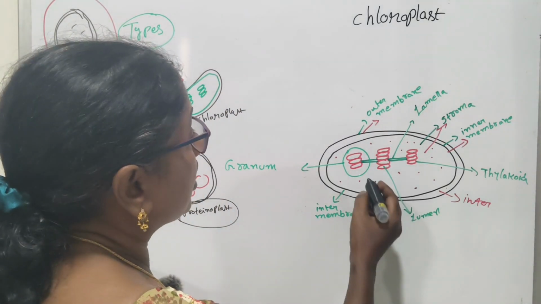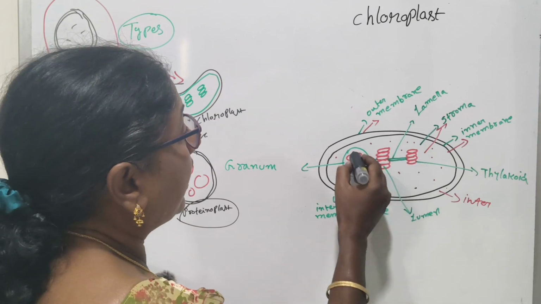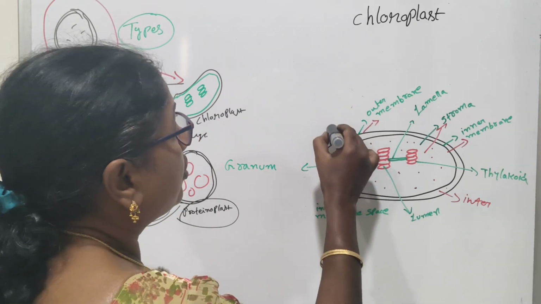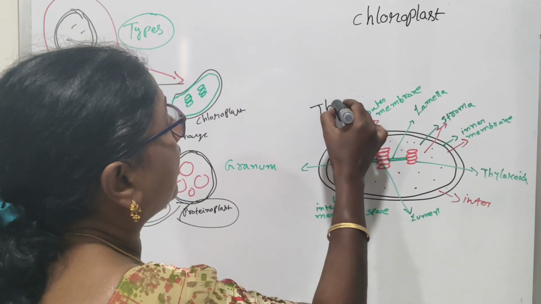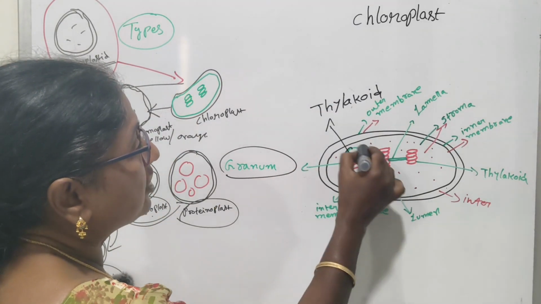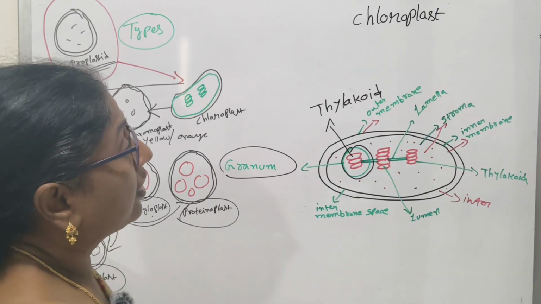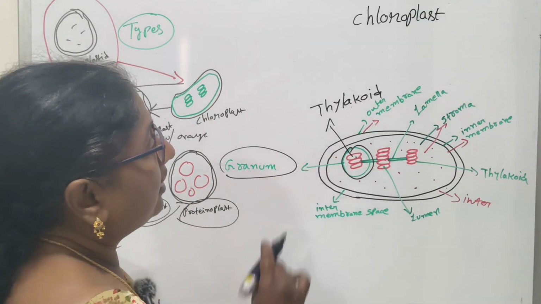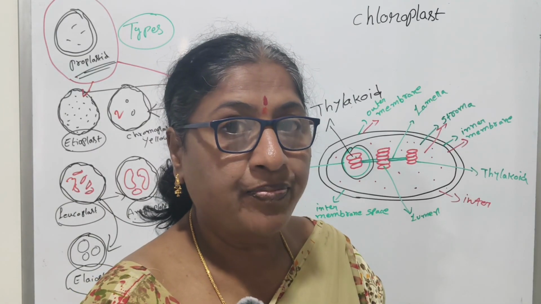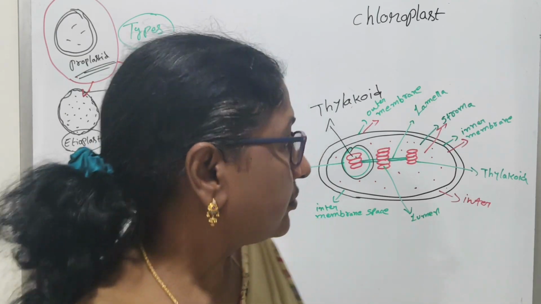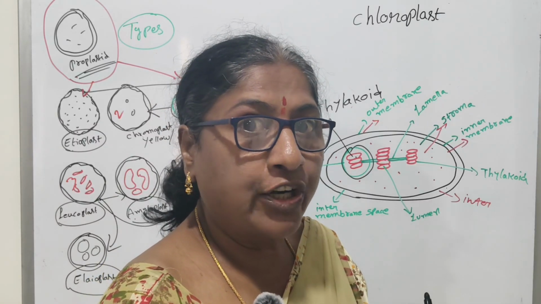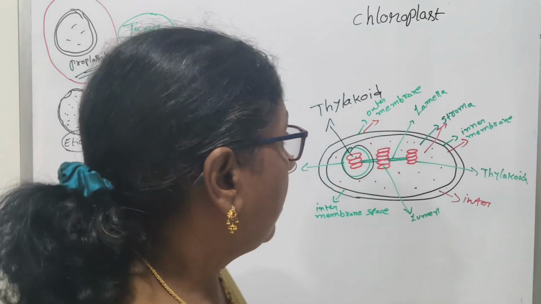These disc-like structures are known as thylakoids. A single structure is known as a thylakoid. Within the thylakoid, chlorophyll is present. The complete structure is known as a granum. Within the thylakoid, photosynthesis takes place. That is, the light energy gets converted into chemical energy.